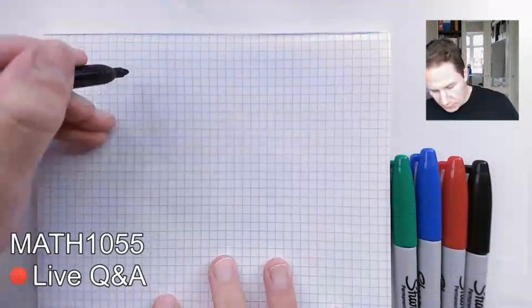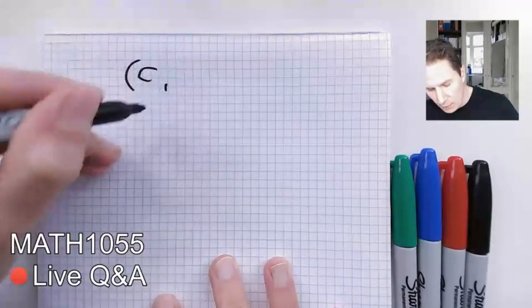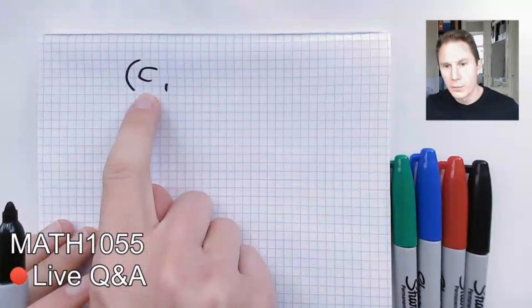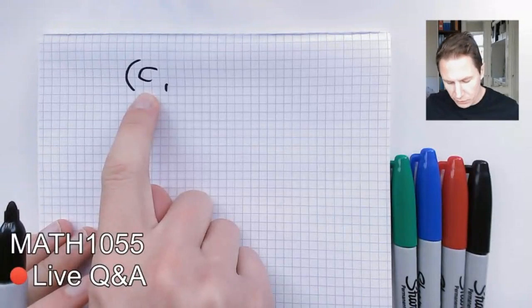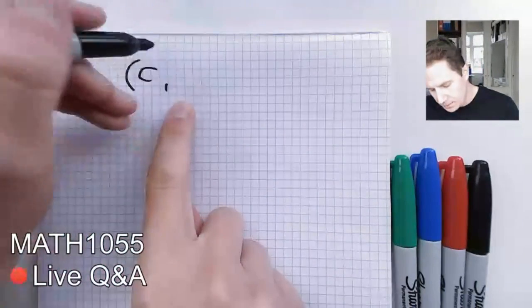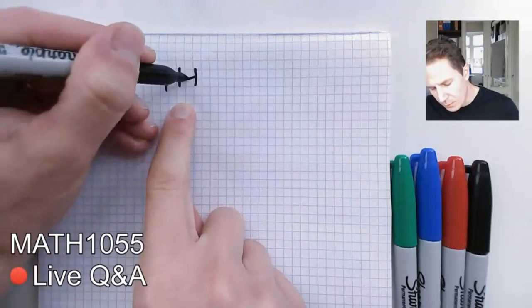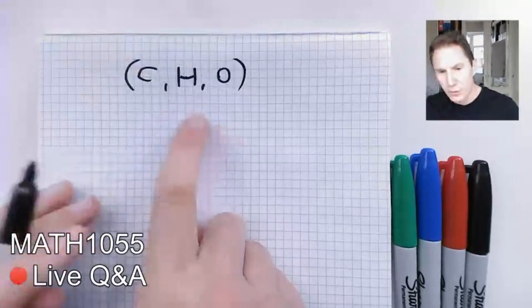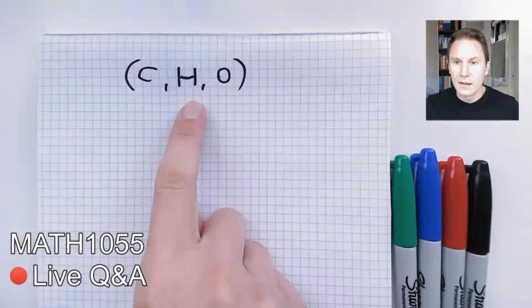But my point is that if you make a vector, basically a triple of numbers, in the following way. In the first component you put how many carbon atoms you have. In the second component you put the number of hydrogen atoms, and the third one the number of oxygen atoms, then any chemical equation like this can be turned into an equation of vectors.